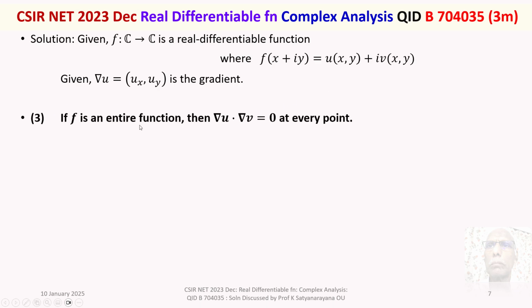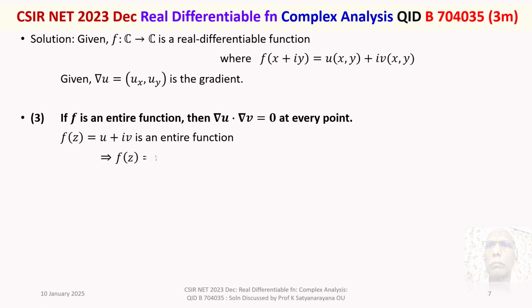Let's start with option 3. If f is an entire function, then grad u dot grad v is equal to 0 at every point. Mind you, f is an entire function, not just a real differentiable function. f(z) = u + iv is an entire function. What's the meaning of that?